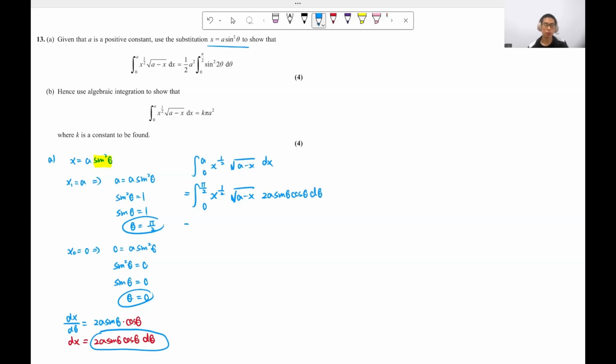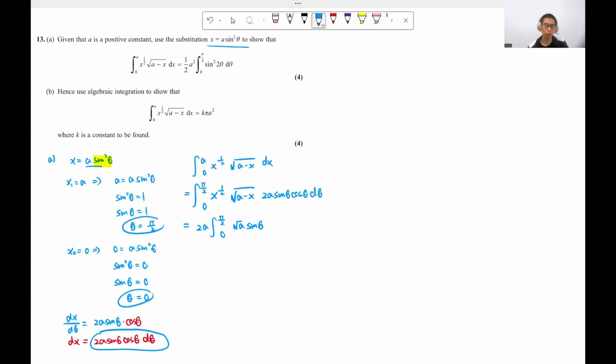So now we just have to find a way to simplify it. So I will take out 2a. So then that'll be 2a, integral from 0 to π/2. And then put the substitution in. If x equals a sin²θ, then x^(1/2) would just be the square root of a and then sin θ.